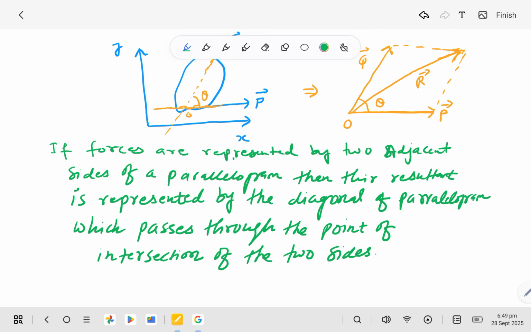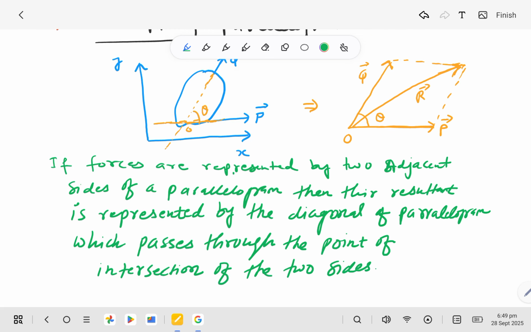Okay, so if the forces P and Q, two forces, are represented by two adjacent sides of this parallelogram, then the diagonal will be the resultant of both forces, which passes through the intersection of these two sides.